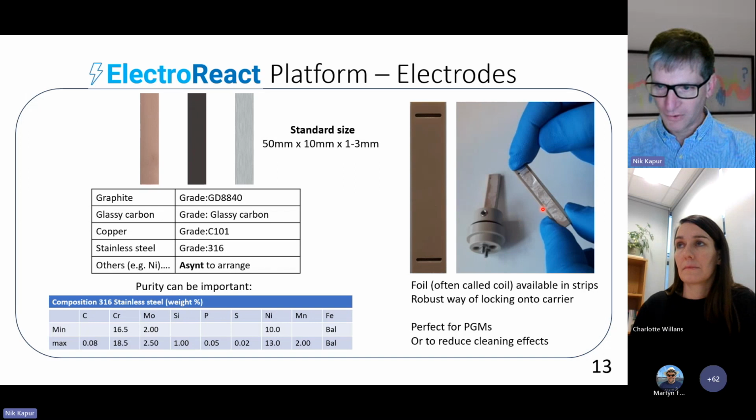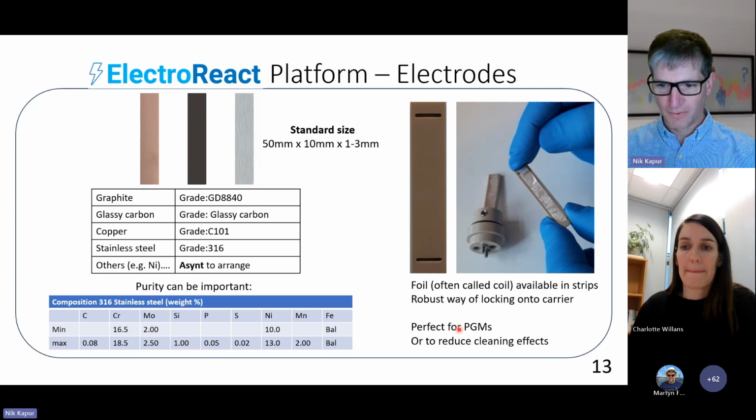You can see in these pictures, this is me doing some early ones, actually just with some aluminium foil. The foil gets locked down onto the carrier, and then you use the carrier in exactly the same way that you would use one of these electrodes.